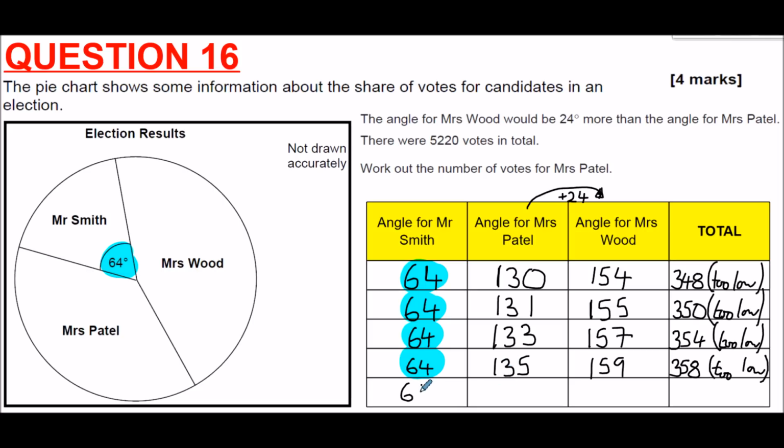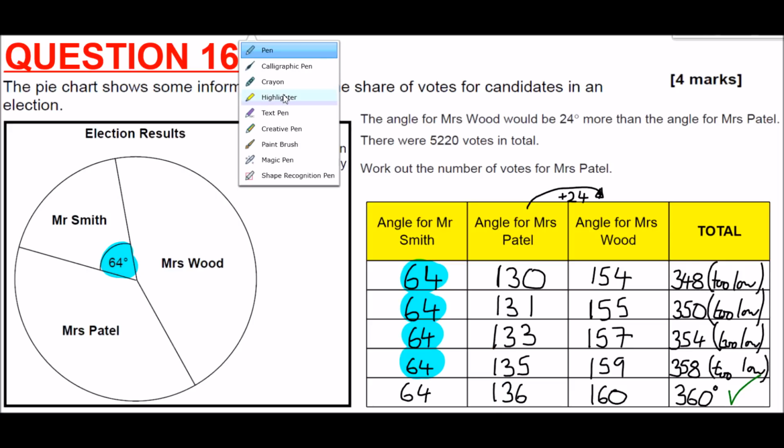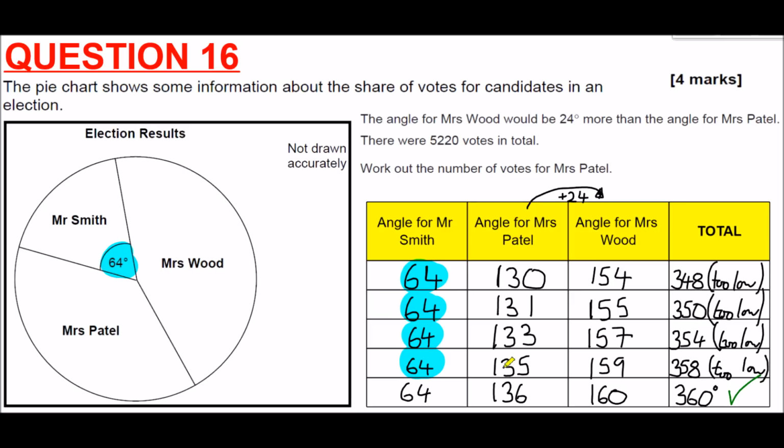So if we were to try 136, and 24 bigger than 136 is 160, eventually if you tried those, you would get that these add up to 360 degrees, which is exactly what they should do. So that works. And so the angle for Mrs. Patel must therefore be 136 degrees.